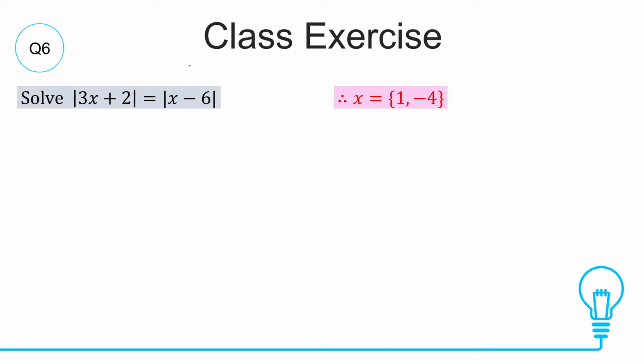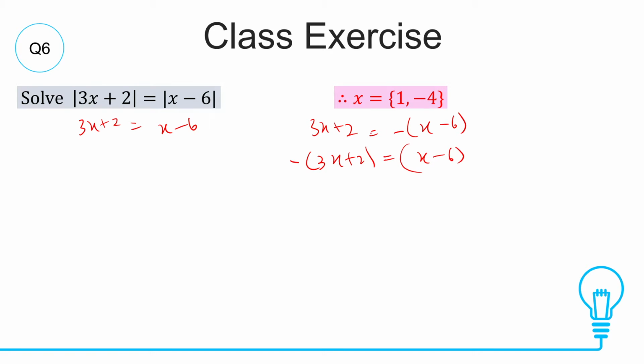If both sides have absolute, it is nothing different from before. So we have 3x plus 2 equals x minus 6, and 3x plus 2 equals negative of x minus 6. Or maybe you can use negative 3x plus 2 equals x minus 6. As long as we choose one side to come with the minus, it is fine. So this one I will have 2x equals negative 8, x equals negative 4.